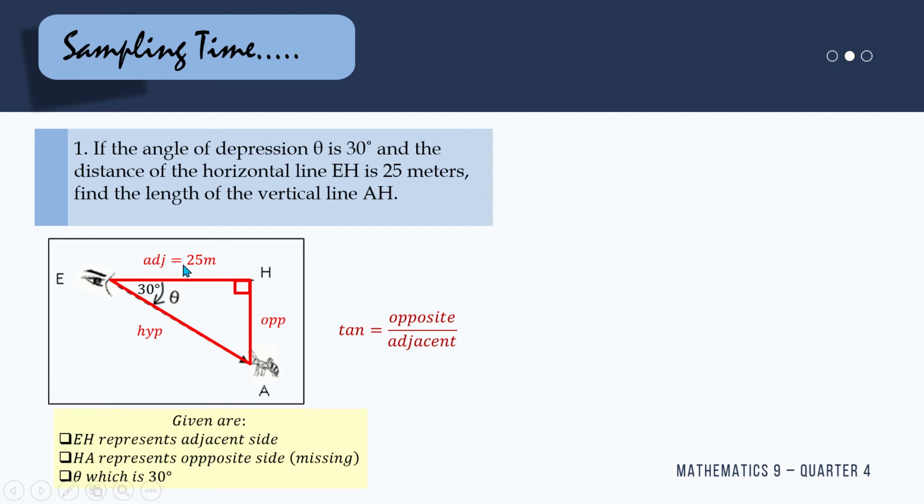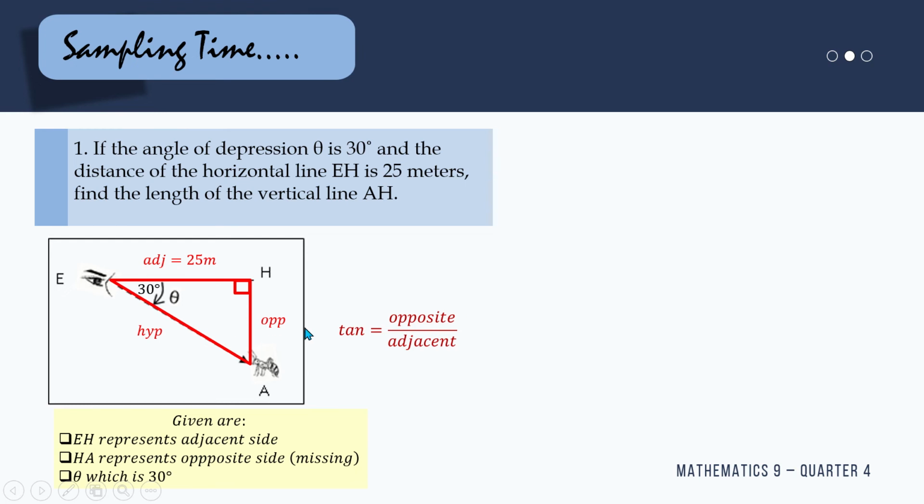Pero, when we make use of the cosine function, babalik ta sa unsa ang gipangita. Unsa gipangita gyud, sir? Find the length of the vertical line AH. So, ang gipangita diri is AH, which is represented by the opposite side. So, meaning, dili pwede magamit ang sine function o ang cosine function. Okay? So, nasabtan nga dili pwede magamit ang sine o ang cosine function? Okay.